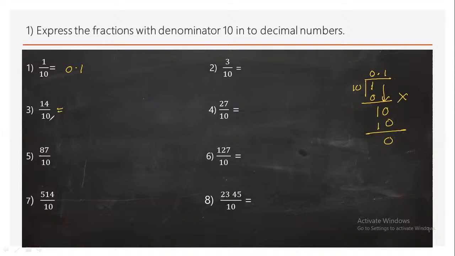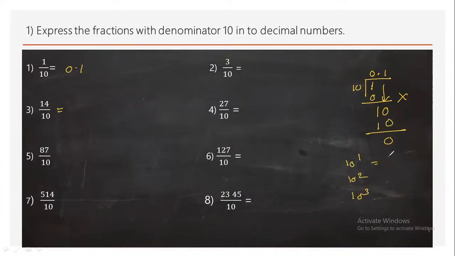Now, instead of following this long method, you have a very short method. Look below the line, the denominator 10, this consists of 10, right? Now we are going to talk about fractions with denominators that are powers of 10. Powers of 10 means 10 to the power 1, 10 to the power 2, 10 to the power 3.